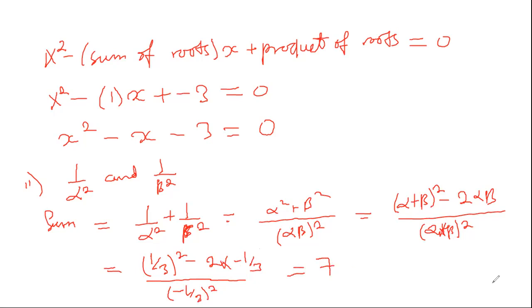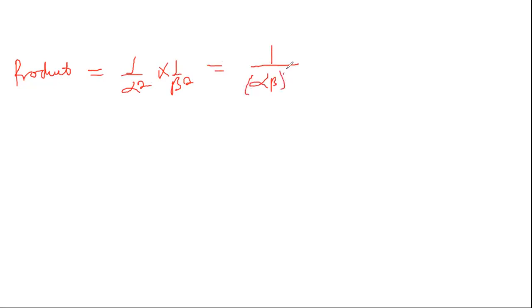And then we are going to find the product. So product of those roots is going to be 1 over alpha squared times 1 over beta squared. And this will give us 1 over alpha beta, everything squared. This will be 1 over 1 over 3 negative, squared, which would be 1 over 1 over 9, and this will give us 9.